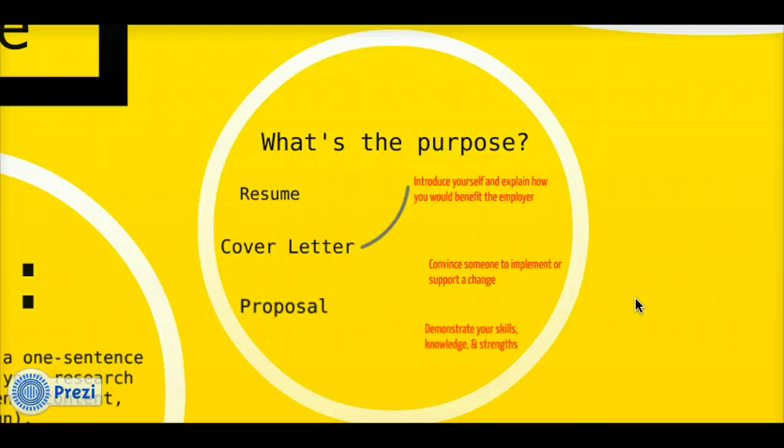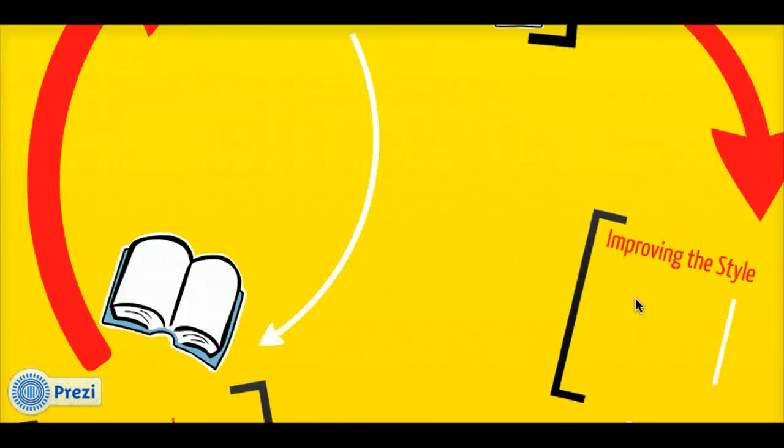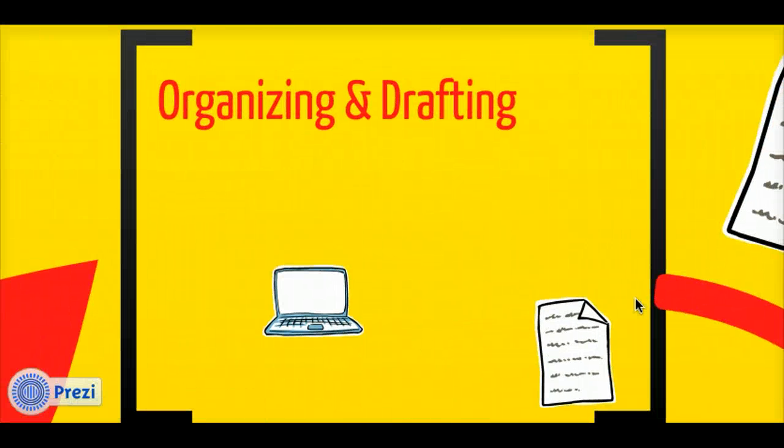The cover letter's purpose is to introduce yourself and explain how you would benefit the employer. The proposal's purpose is to convince someone to implement or support a change. And the resume's purpose is to demonstrate your skills and knowledge and strengths that will be valuable to a future potential employer. All right, moving on to the organizing and drafting step.